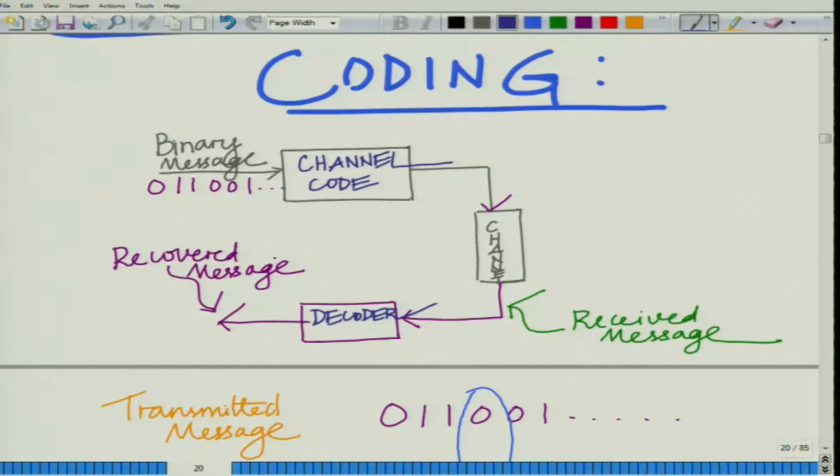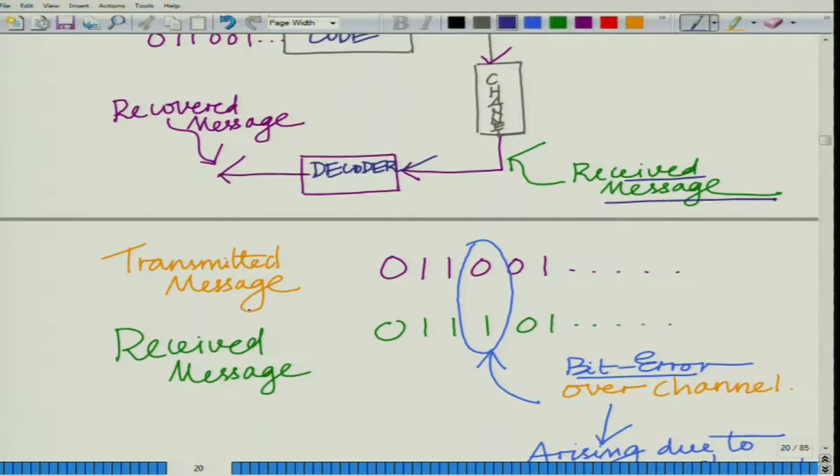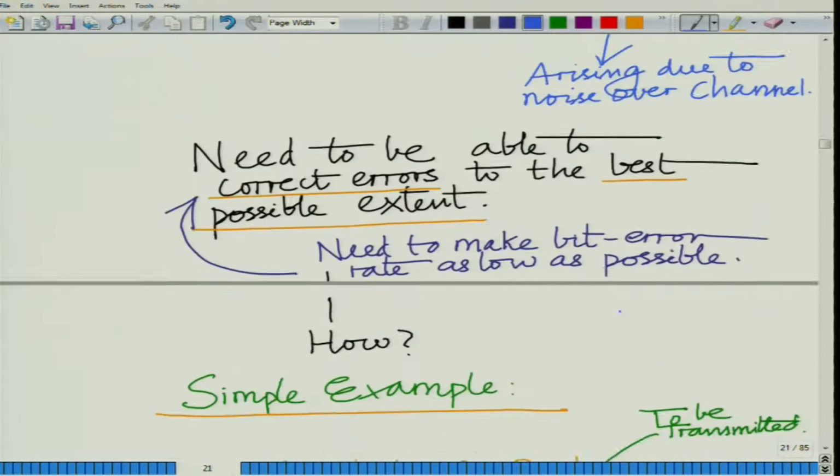Out of the decoder, you decode the received message and get the recovered message, or the reconstructed message.